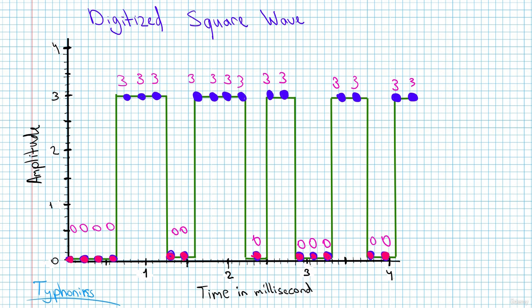So visually, we can plot these samples as dots on a graph. By connecting the dots, we approximate the original square wave. Even though the digital representation is not perfectly smooth, it captures the essential features of the signal. Now you may ask, how can we sample sinusoids?